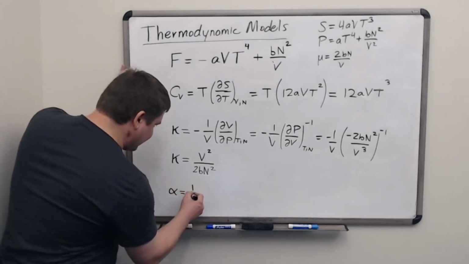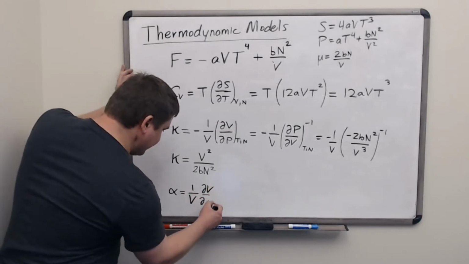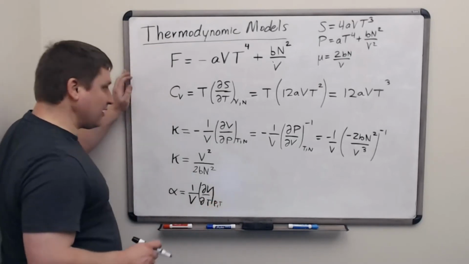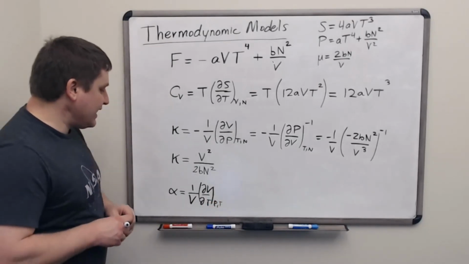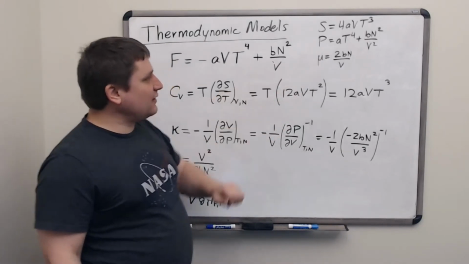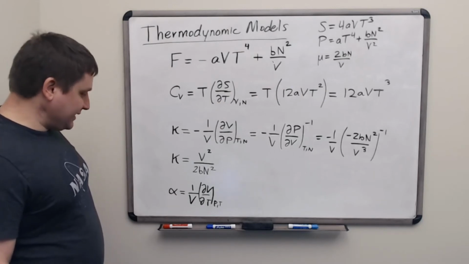Remember that the definition for thermal expansion coefficient was dV/dT at constant pressure and particle number. Now again, I'm faced with this problem of not having an expression for V directly.